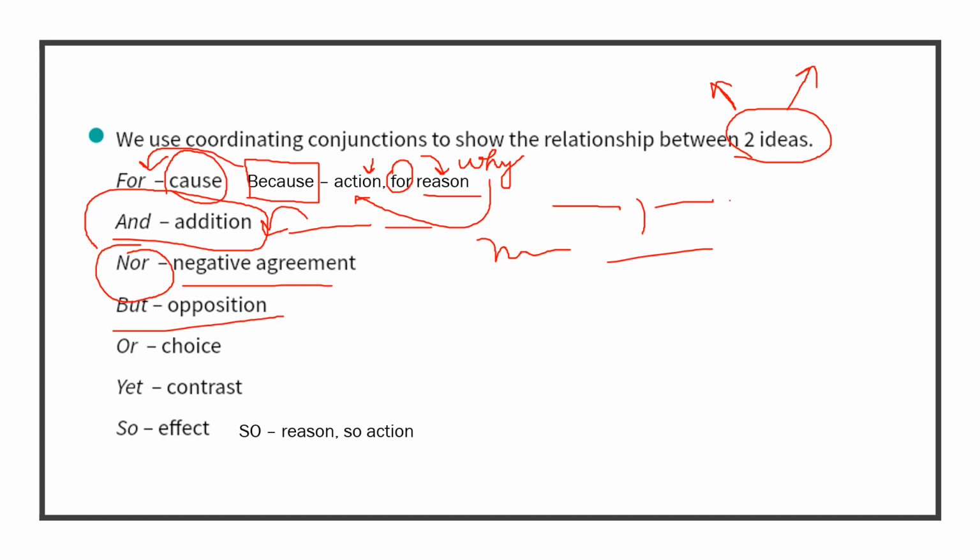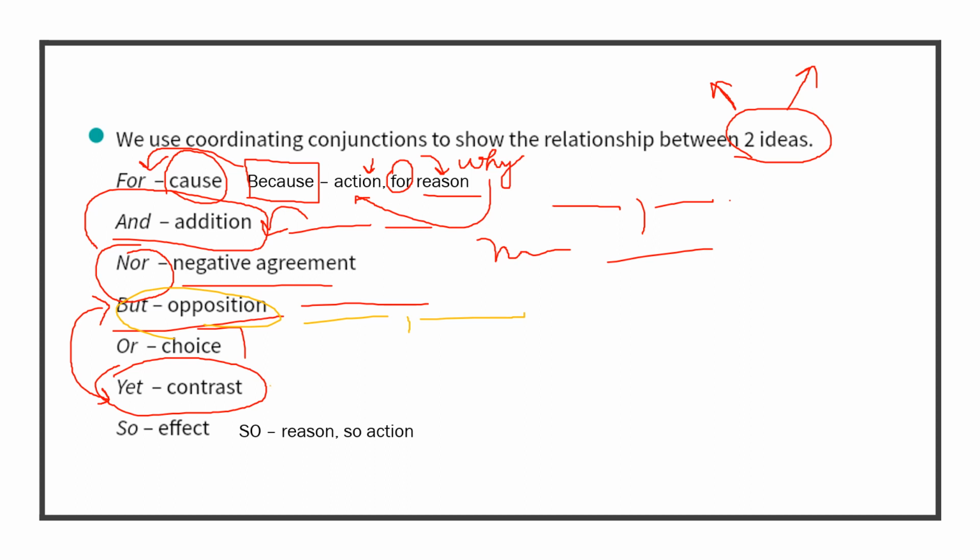But is used when we are talking about opposite ideas, or we all know it is used for choice. Now there is a very little difference between but and yet. Yet is used in a formal context, but is used a bit in an informal context. But we can use when we are talking about something in a non-formal way, and we are not talking about the extremes.